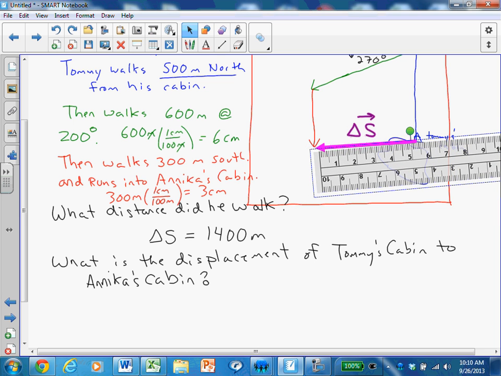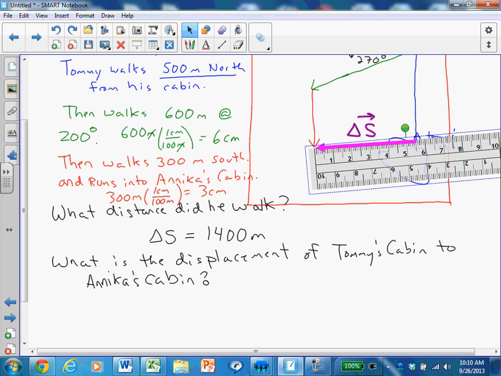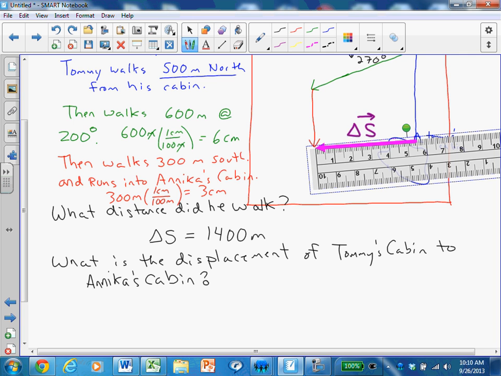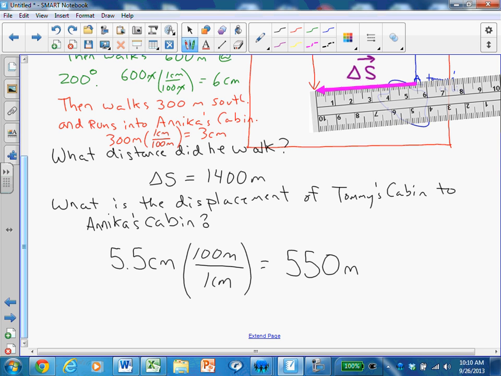And I get 5.5 centimeters. But I'm not going to write 5.5 centimeters. I'm going to convert that to meters. And I'll see that I get 550 meters. That's the magnitude of delta S.